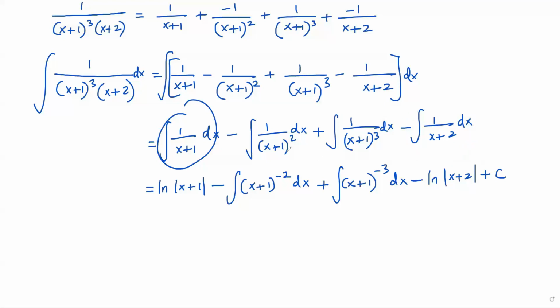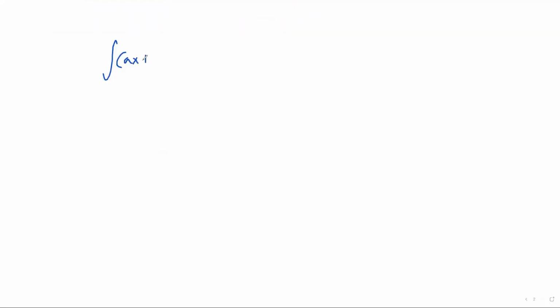Still we have to get the integration for the middle two parts. When I look at the second integration, here we have a linear function with the exponent -2. In the third integration, I have a linear function x+1 with the exponent -3. Now let's look at the rule for integrating a linear function to the nth power: the integral of (ax+b) to the nth power dx.